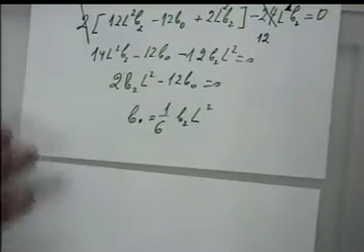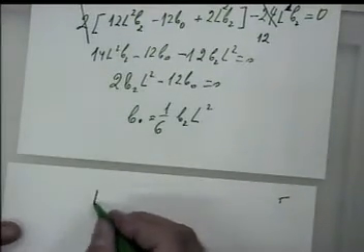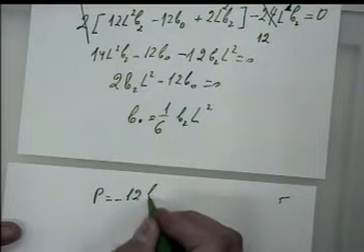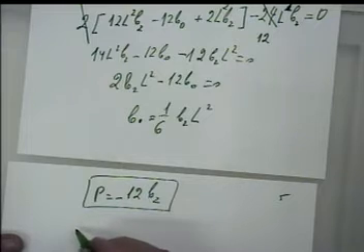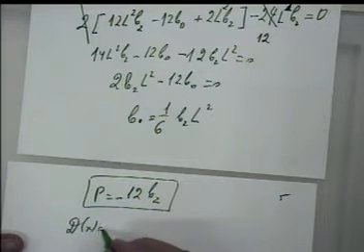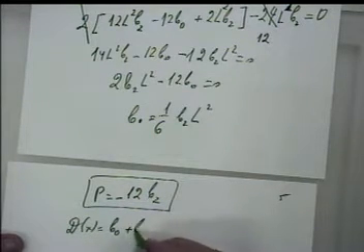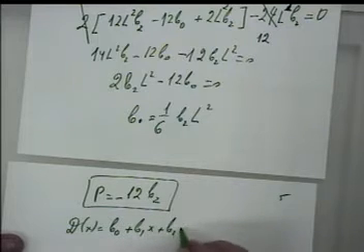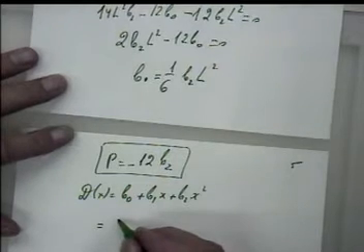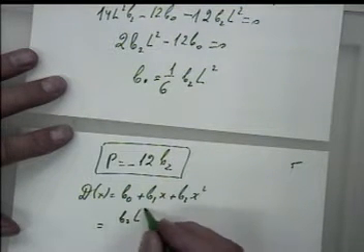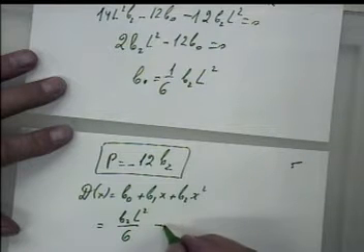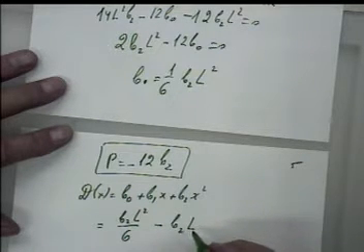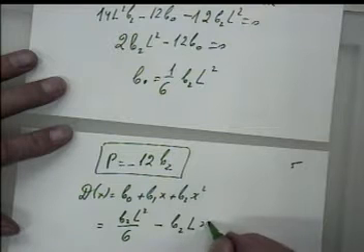So what we got? P equals minus 12b2. It is one result. Second is d of x equals b0 plus b1x plus b2x squared. This equals b2l squared over 6 plus b1, b1 is minus b2l, and then x.